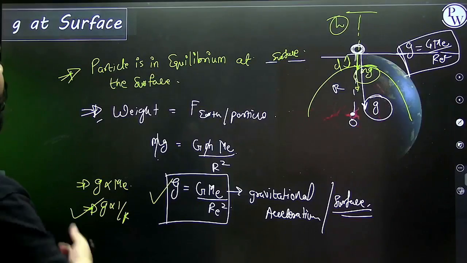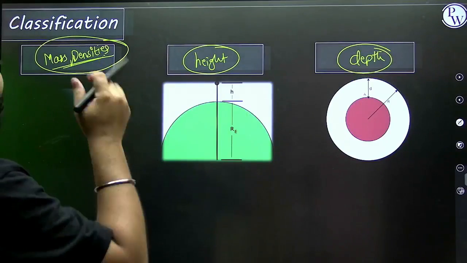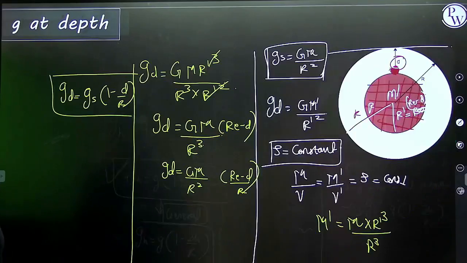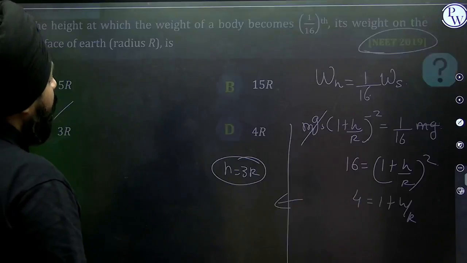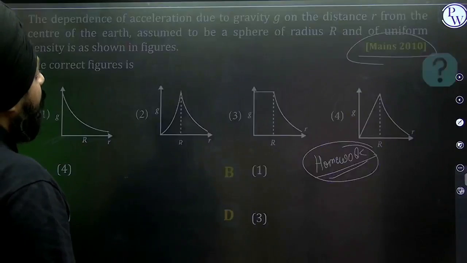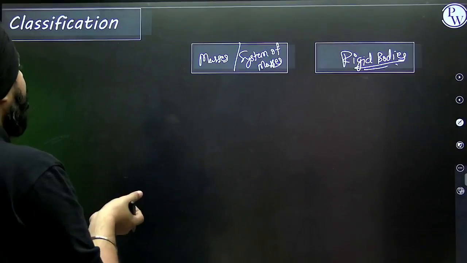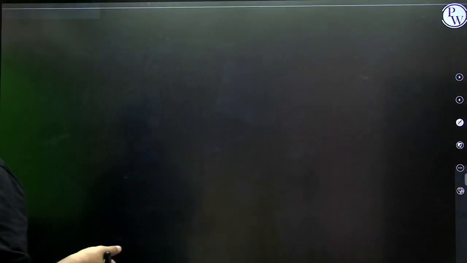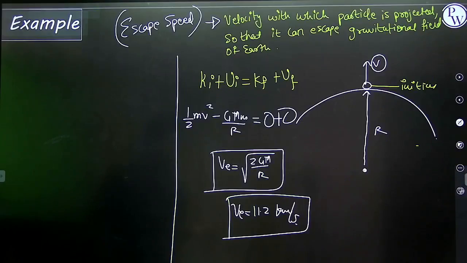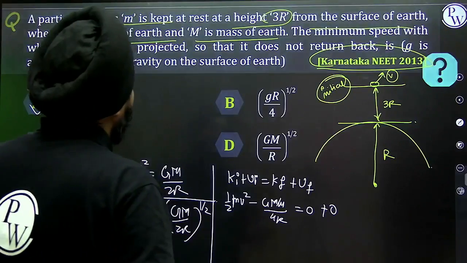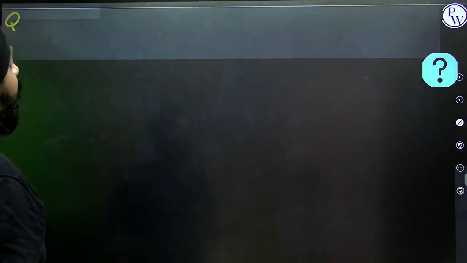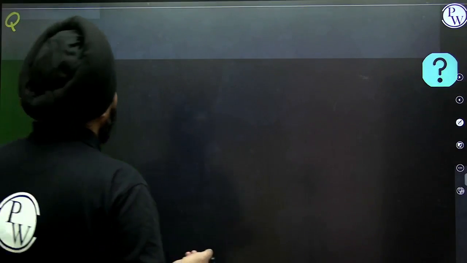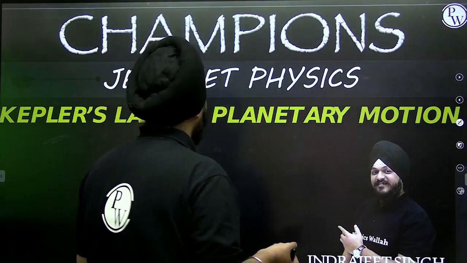After that we moved on to the variations of g with densities, latitude, and altitude, and we saw some sums related to that as well. Then gravitational potential energy and the work-energy theorem, and with that we moved on to the concepts of gravitational potential.